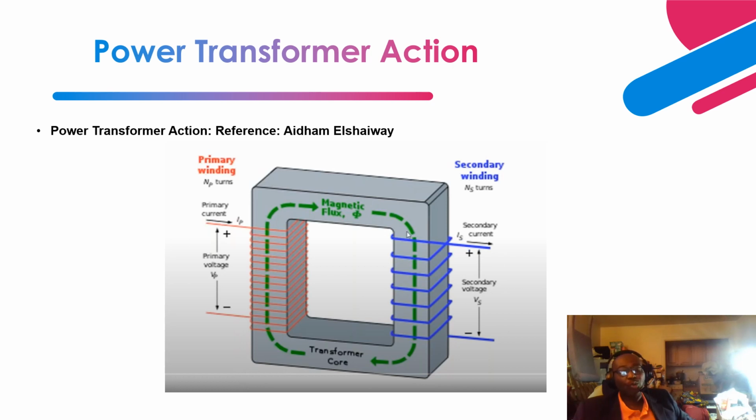It's equivalent to a sinusoidal voltage, right? So as this magnetic flux cuts the secondary winding, it induces that voltage into the secondary winding. And once you connect a load to the secondary side, you can have a secondary current flowing on the secondary side. So in simpler terms, this is a description of the transformer action.